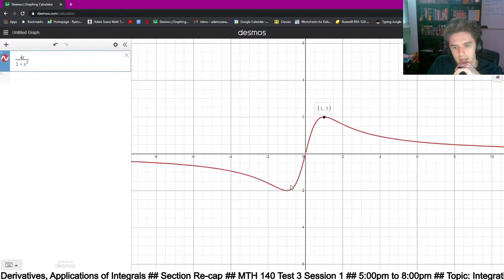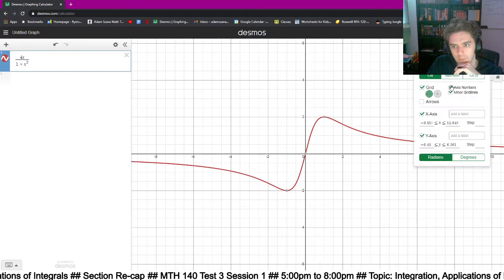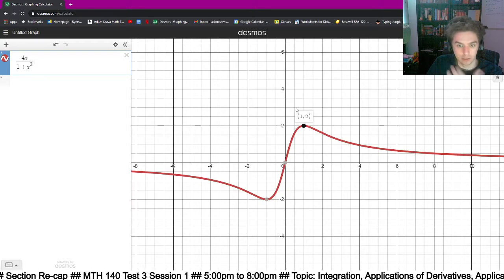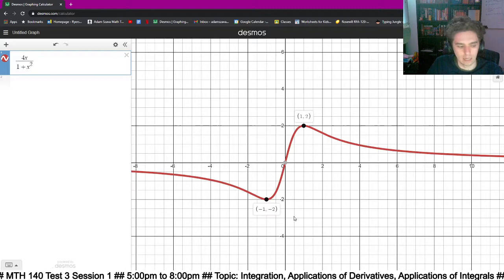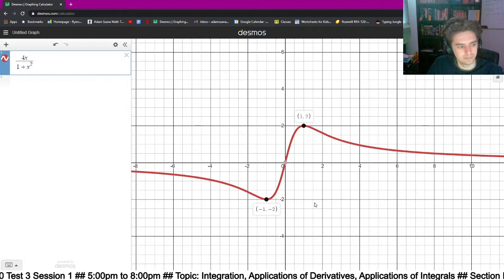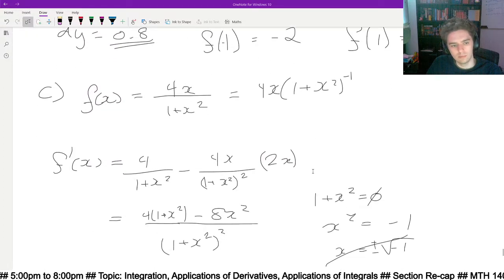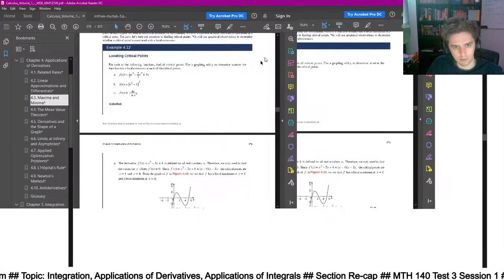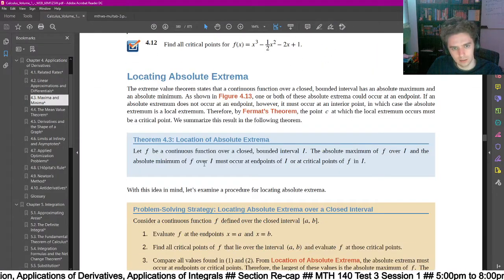At 1, we have the local maximum, and it's also the absolute maximum. And at negative 1, we have the local minimum, which is also the absolute minimum. And yeah, there you go. Okay, so that's all I'll do for chapter 4.3. I don't know if there is anything else about it.